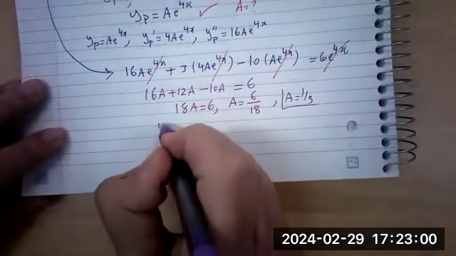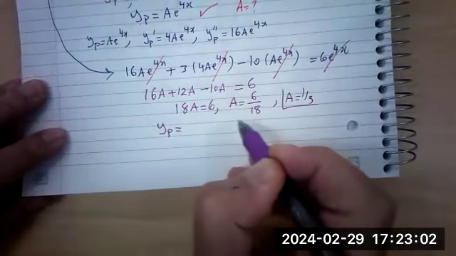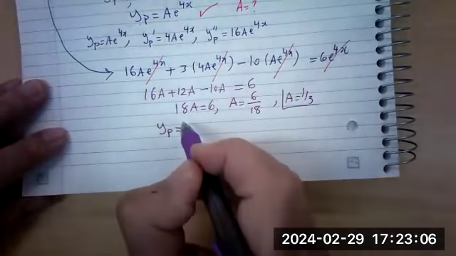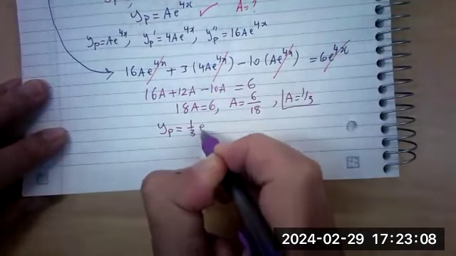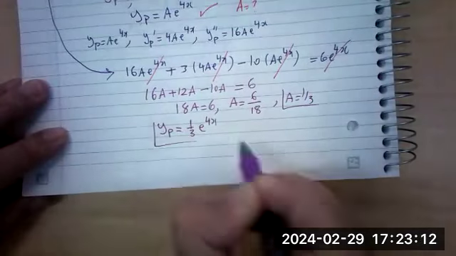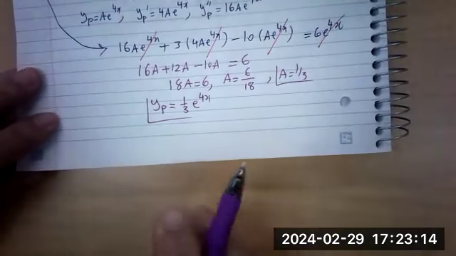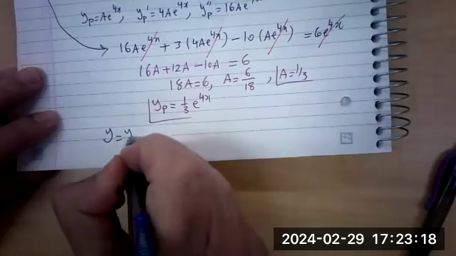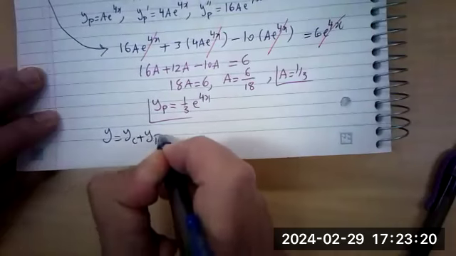So your yp is going to be a e to the 4x. a is 1/3, so 1/3 of e to the 4x. That's your yp. Now to give us the final answer, y is yc plus yp.